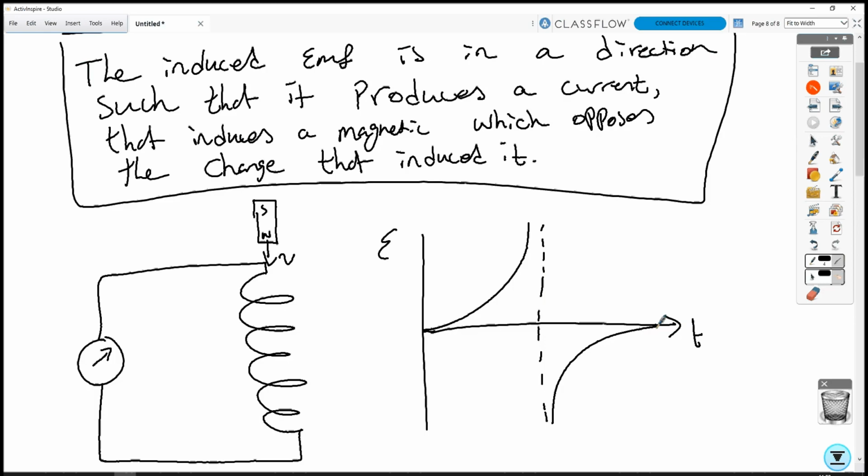And the largest change of flux linkage occurs when the magnet is closest to the coils. So in other words, the magnet is actively falling through the coils.